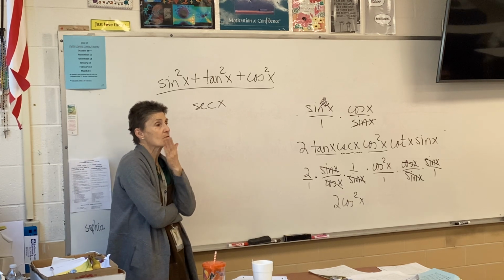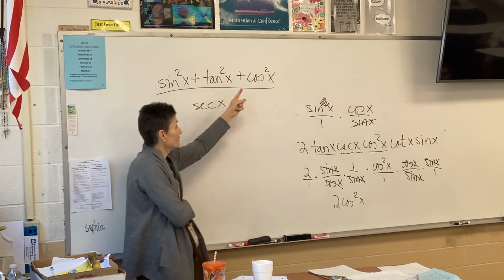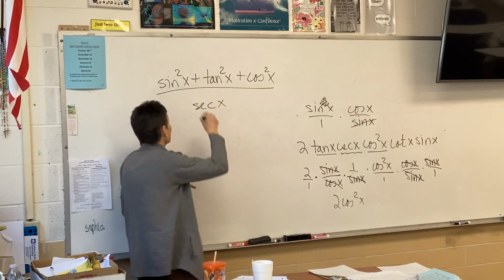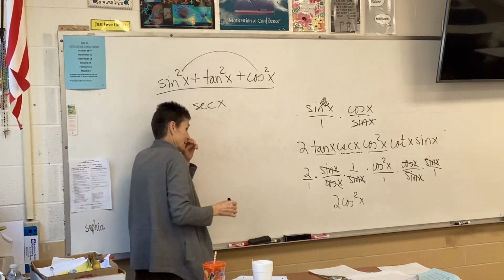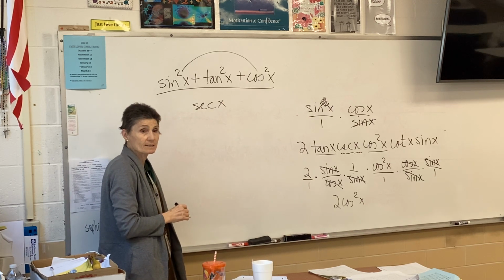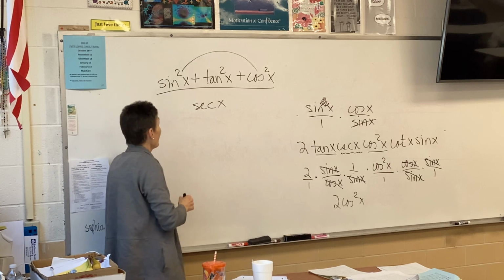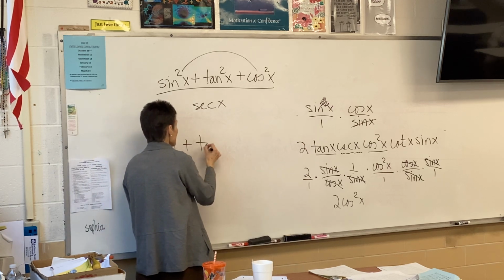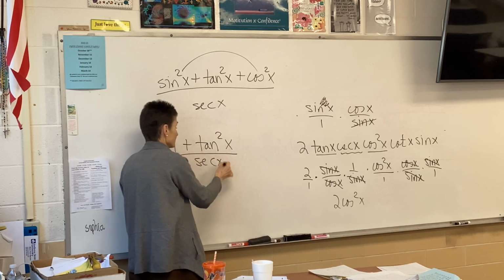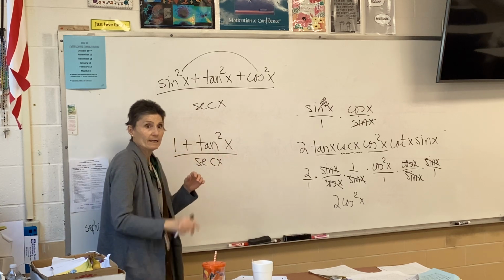because what do I see on the top? You can make that into a 1. Absolutely. Sine squared plus cosine squared is 1. So I have 1 plus tangent squared over secant. Secant squared over secant.